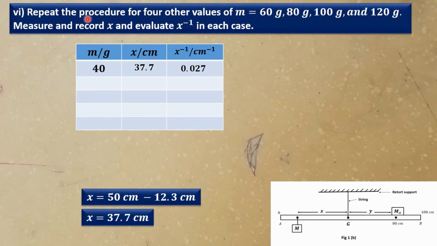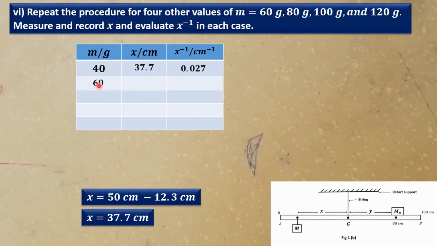And we are going to repeat the procedure for 4 other values of m equal to 60 grams, 80 grams, 100 grams, and 120 grams. And we are going to measure and record x and evaluate x inverse in each case.